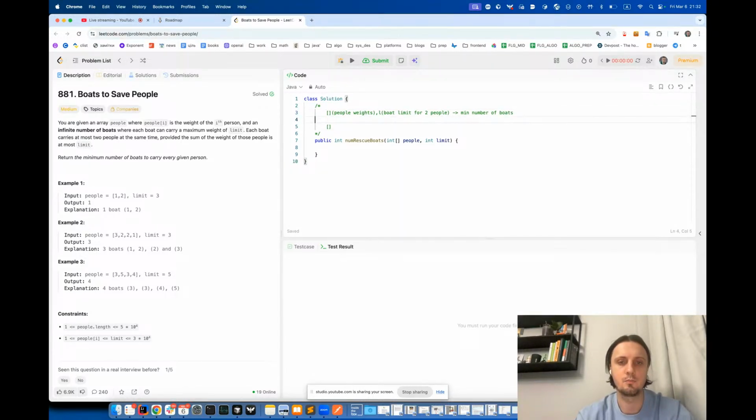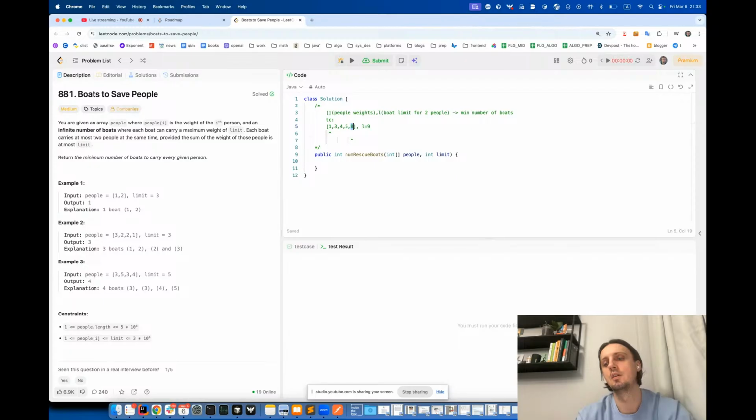Let's try to write some test cases. For example, if we have people like 1, 3, 4, 5, 8, and a limit of 9 for 2 people. Then what we can do is try to get 2 people.